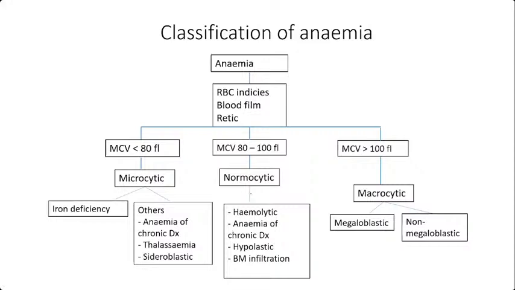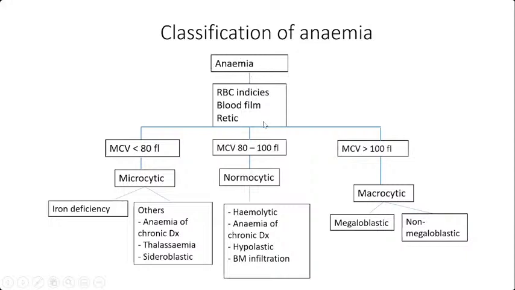So this is just a chart to remind us of how we classify the anemias, so that as you're investigating these anemias, you have some idea as you're finding the results, how you use those results to help you come to the cause of anemia.